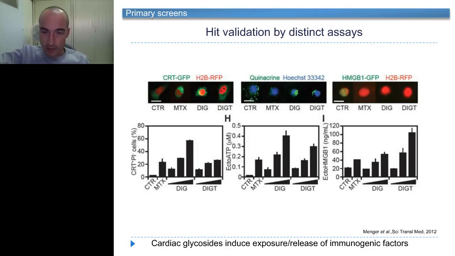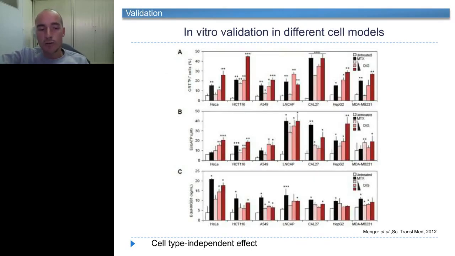And as you can see, we had a nice dose-dependent release and exposure of these immunogenic hallmarks when using both prototype cardiac glycosides, digoxin and digitoxin.